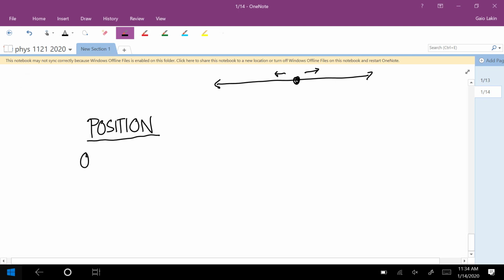Okay, so say that you have an object at a given location.